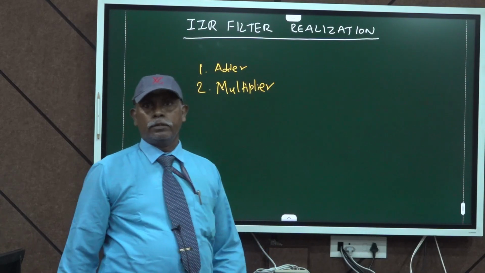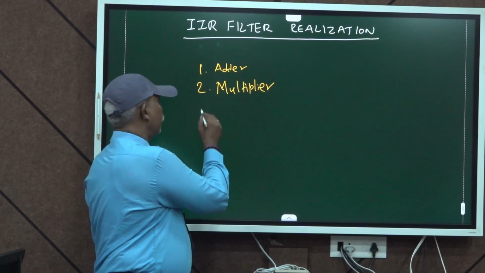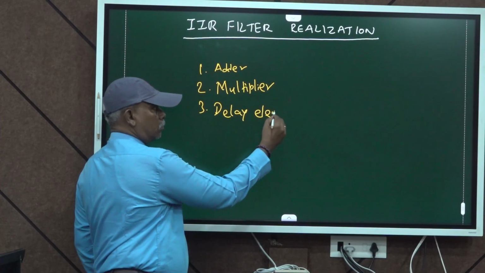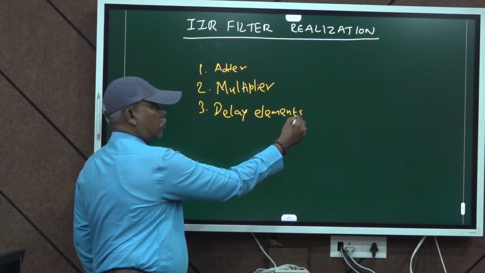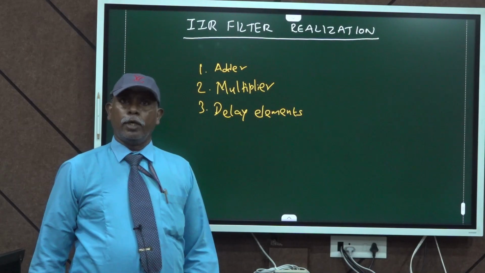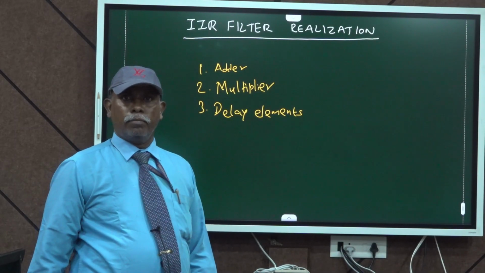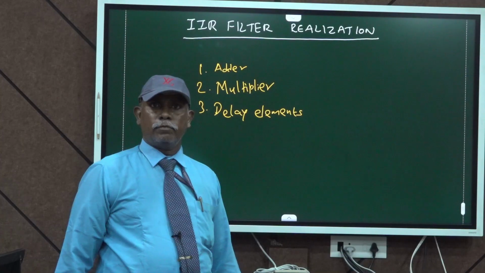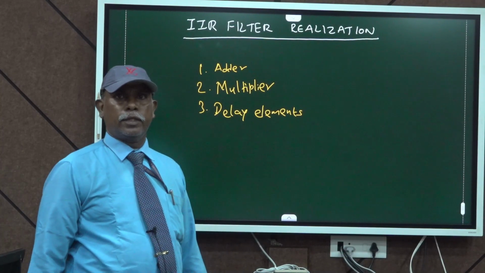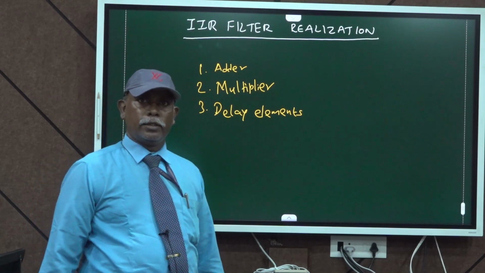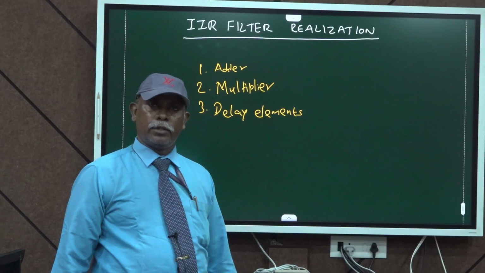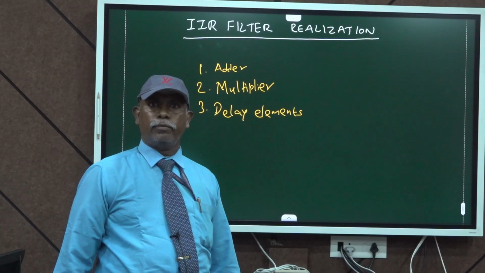The third one is the delay element. Delay elements are nothing but memory locations, used to store the past values, not only the present values. Our calculation needs the present value of input, the past value of input, as well as the past value of output.